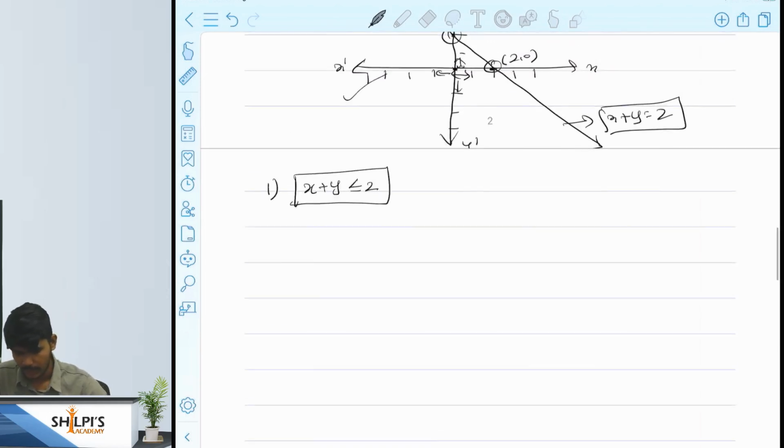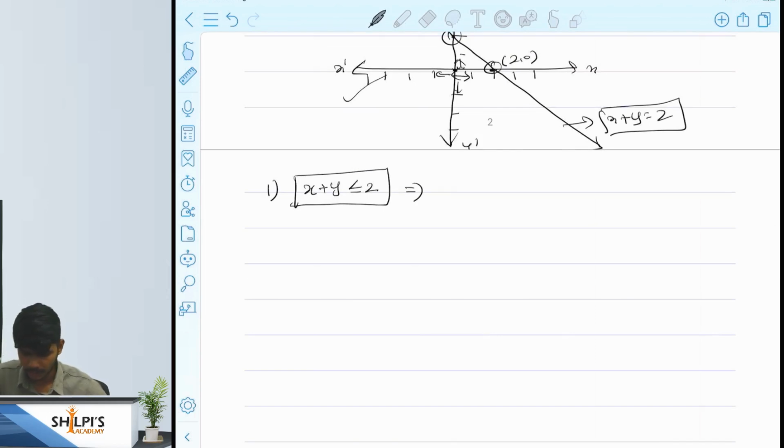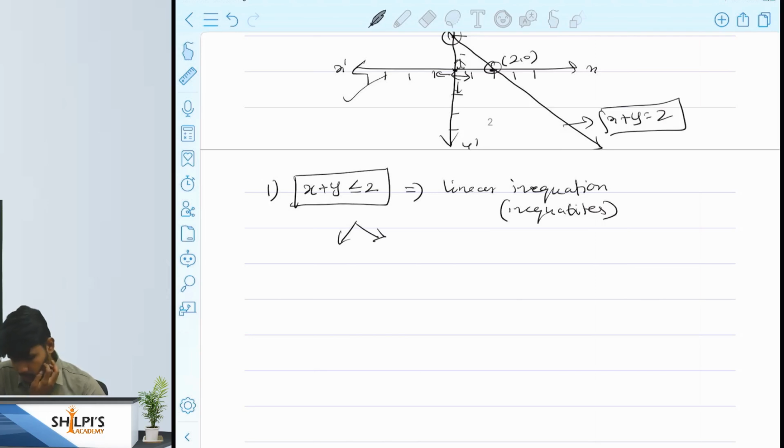As you said, if I have x plus y less than or equal to 2, this comes under linear inequation. Linear equation or linear inequation? Linear inequation, or we can say linear inequalities. If it is a linear inequation, I can separate it into two: for example, x plus y equal to 2 and x plus y less than 2.